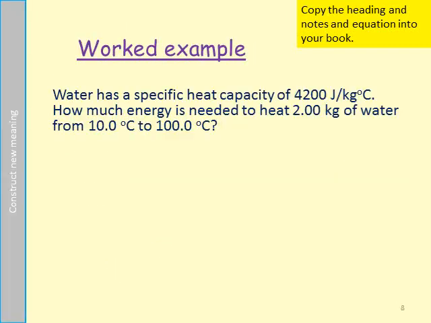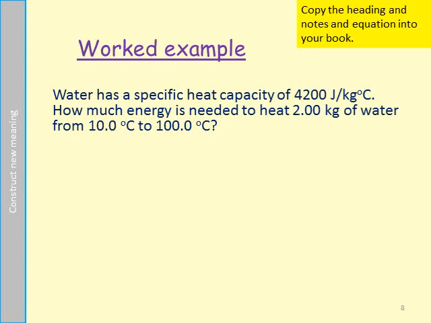This slide shows a worked example. So it tells you here water has a specific heat capacity of 4,200. Now you're not expected to learn these. You will be given it, or you may be asked to work it out, and you'll be given all the other information in the equation.